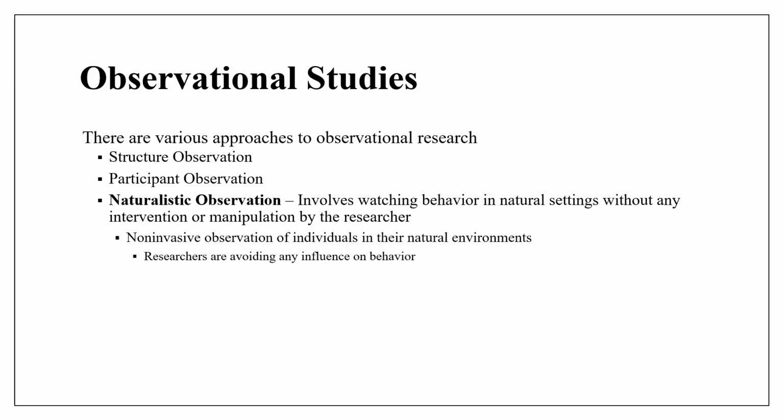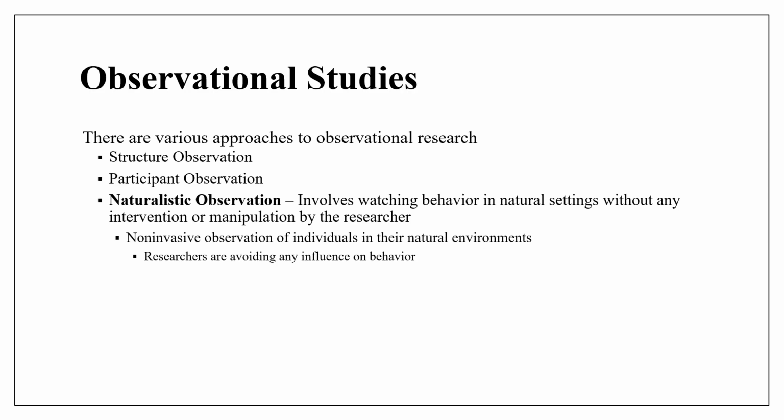There are different approaches to observational research, which means there are different types of observational studies that we can do. We can have a structured observation, where researchers put people in specific situations to see what their natural behavior is under those situations.